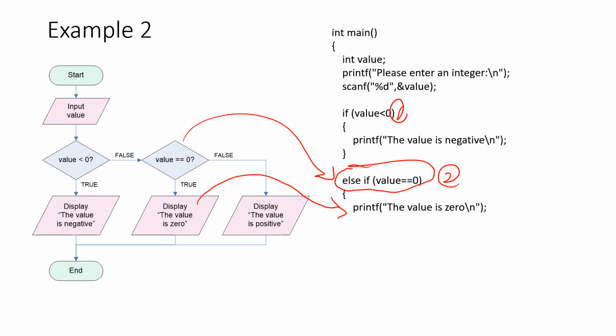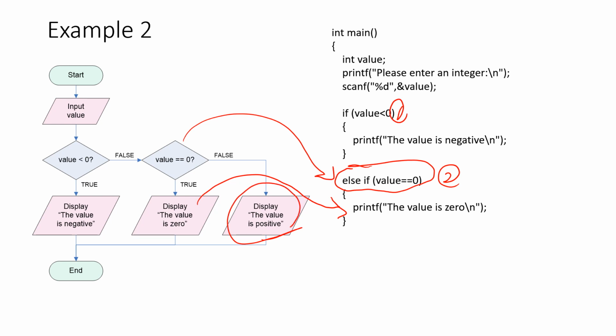Else means "selain itu, jika tidak", right? If not, then proceed with the second condition, which is if value is equal to 0, we print the value is 0. If both are not true, we proceed with the final statement, which is to display the value is positive.